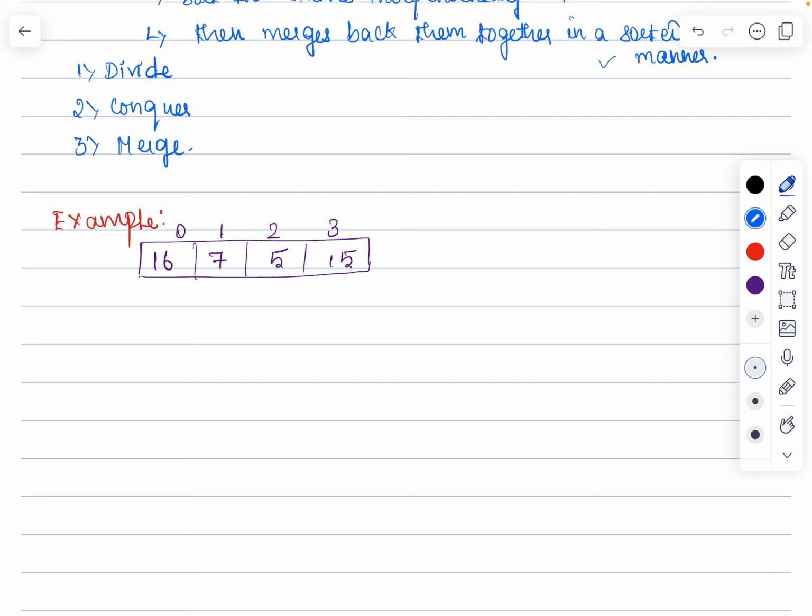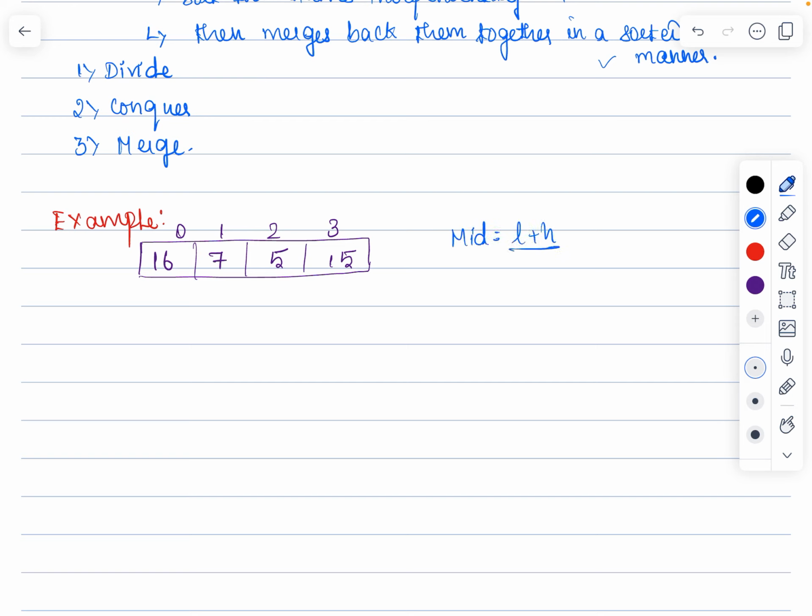As I discussed earlier, the very first step is we are just going to keep on subdividing the array, subdividing the problem into two equal subproblems until there is only one element in an array. There are 4 elements in the array, so we are supposed to keep dividing until there is only one element in the list. Before we divide, we are supposed to identify the midpoint so that the array can be equally divided into two equal subarrays.